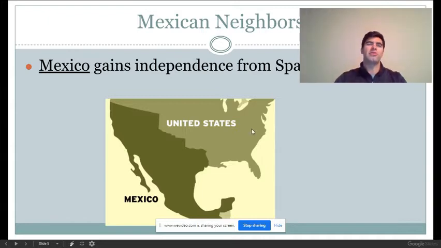They're going to slowly pull out of controlling their territories in North America. They're going to grant Mexico their independence in 1821, and they're going to kind of back out of controlling all of those territories in Central America as well, of which they once controlled.